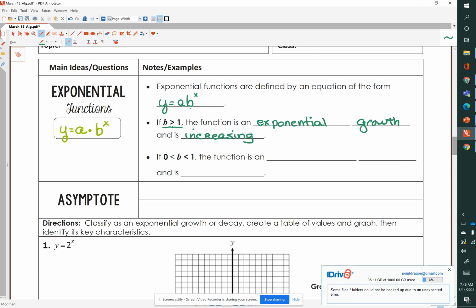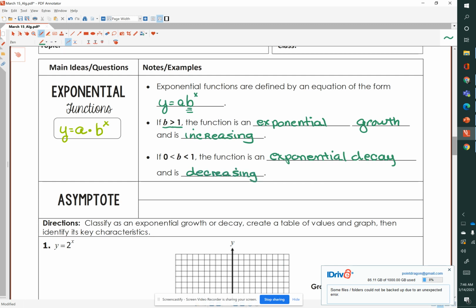So we're talking about this b value right here, if b is greater than 1. If b is between 0 and 1, or if 0 is less than b and b is less than 1, then the function is an exponential decay function, and the function is decreasing.